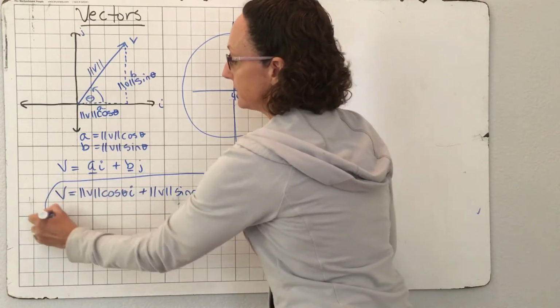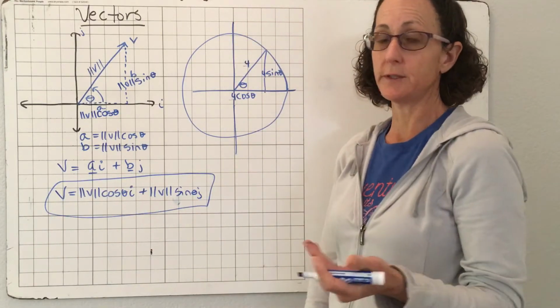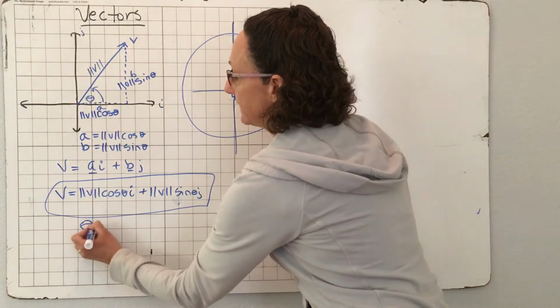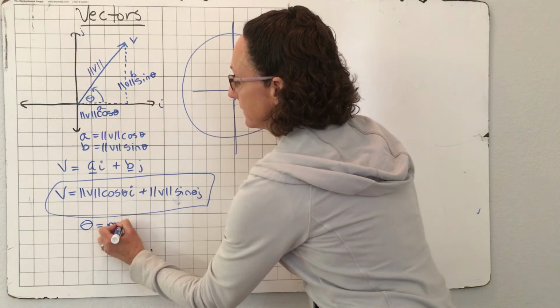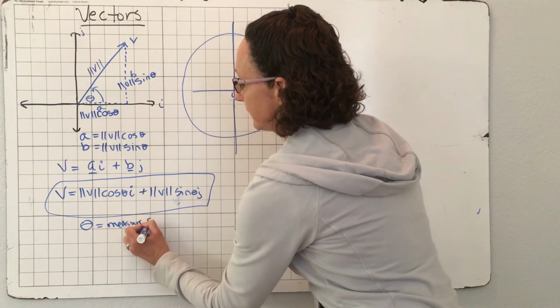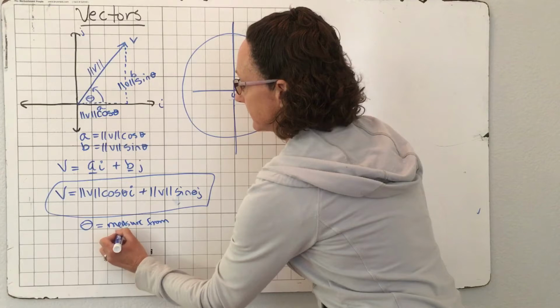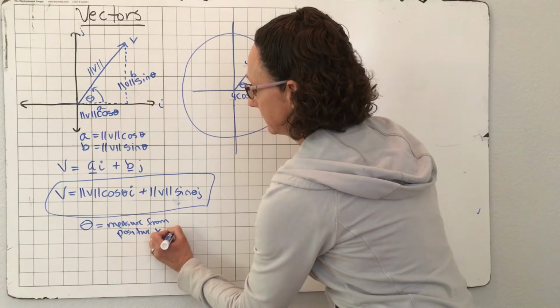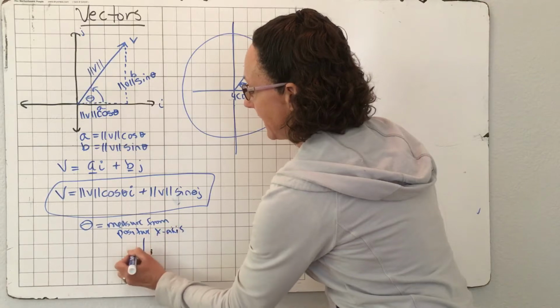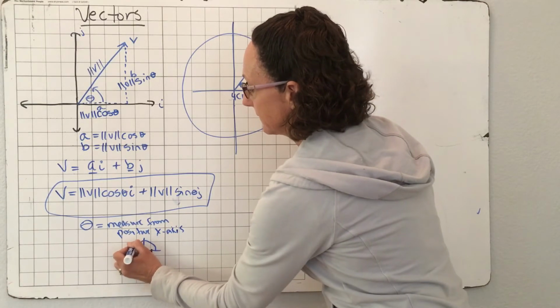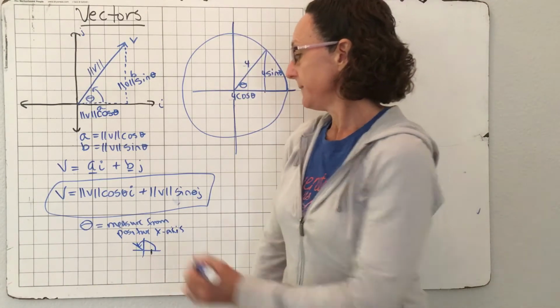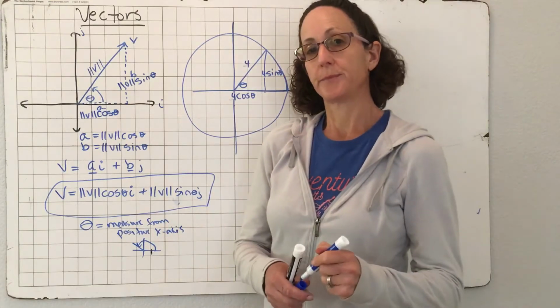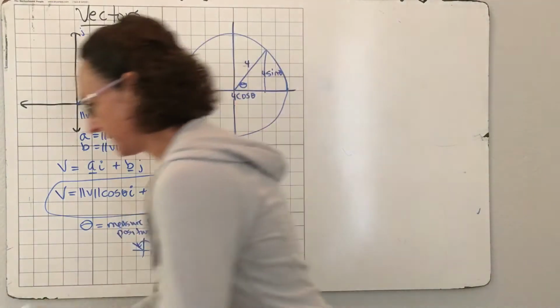The important thing to know, this is really important actually, is that theta always is measured from the positive x-axis. So it has to be measured from here going that direction, okay? Measured from the positive x-axis, right? All right, so let's do a couple of examples.